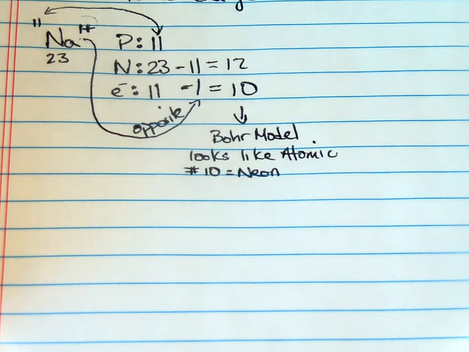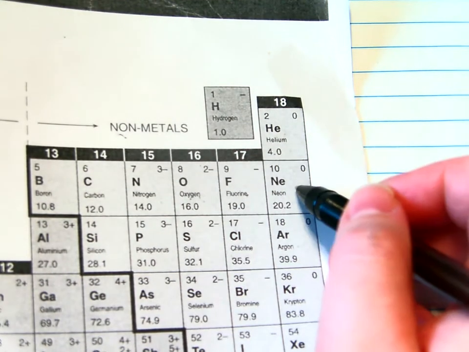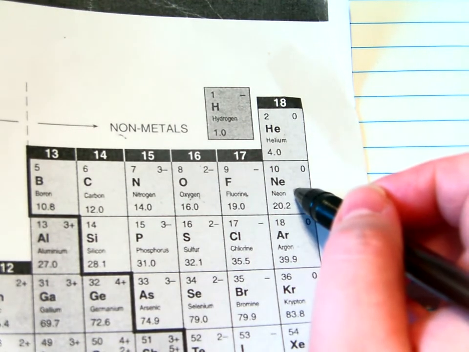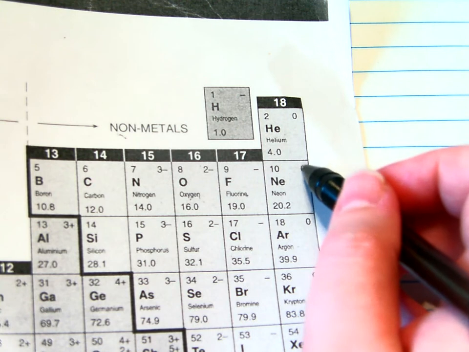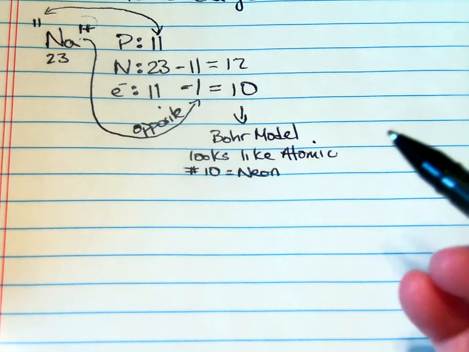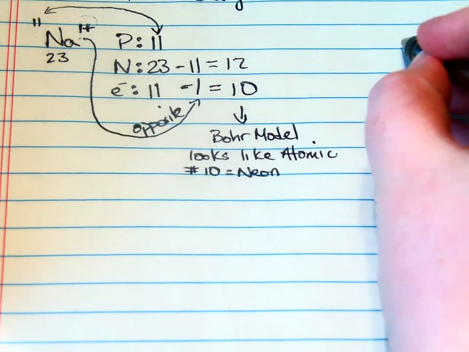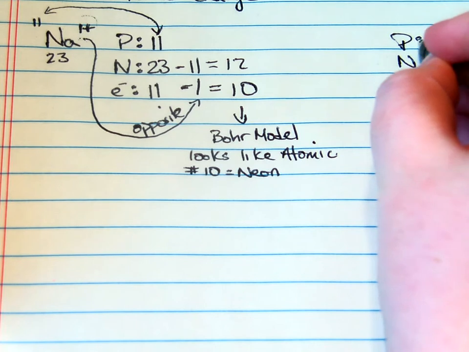Okay, so taking another glance back at neon. Neon's in the 2nd row, so that means it's going to have 2 shells, and it's in the last column. It's going to have 2 full shells. As I told you last day, most ions are going to have a full shell. That's the goal.